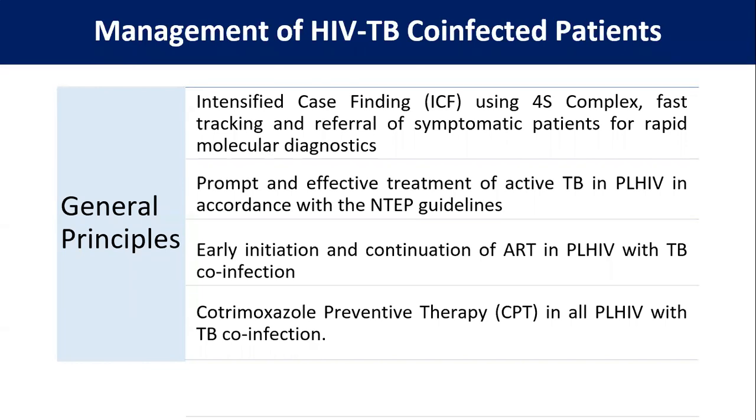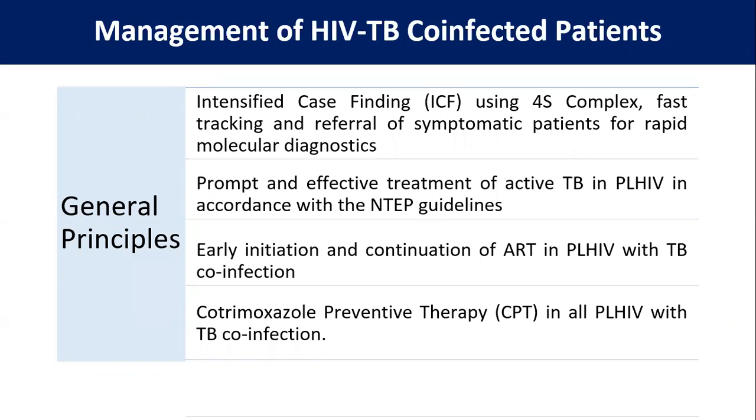Once we find that a person has any of the symptoms of tuberculosis, particularly those 4S symptoms, we promptly refer the patient for diagnosis as per NTP guideline. If the patient is found to have confirmed tuberculosis, then we start ATT at the earliest.